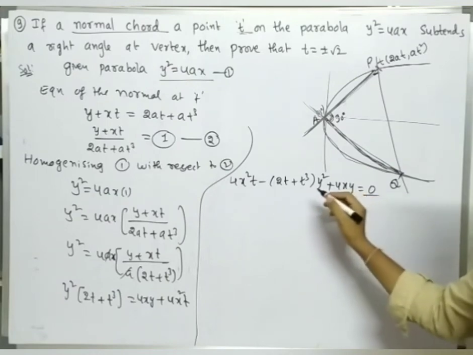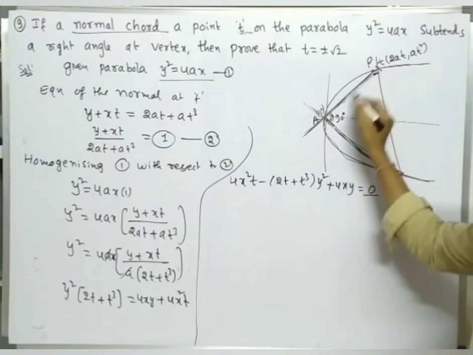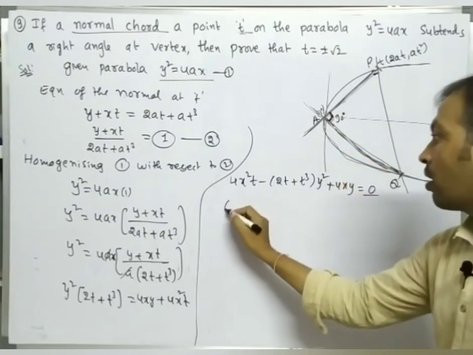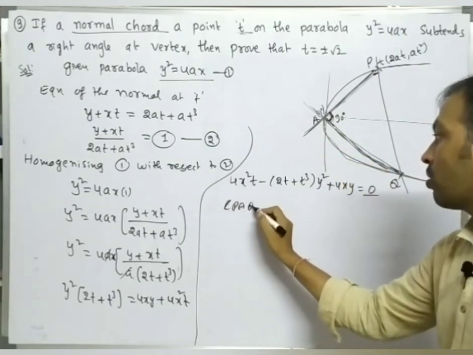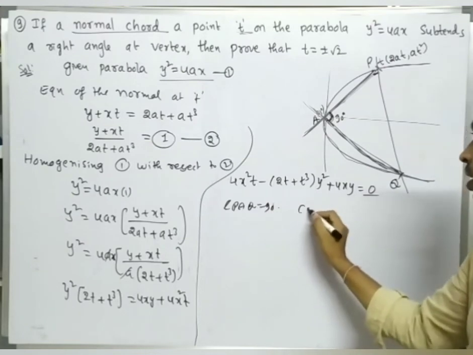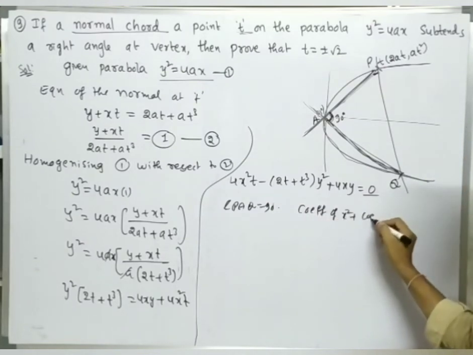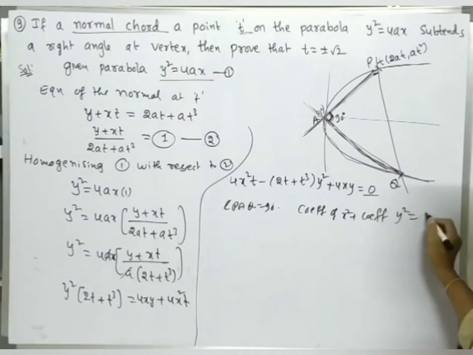So if the angle between these two lines is 90 degrees, then we have one property. If PAQ is equal to 90 degrees, we have one condition, that is coefficient of x square plus coefficient of y square is equal to 0.